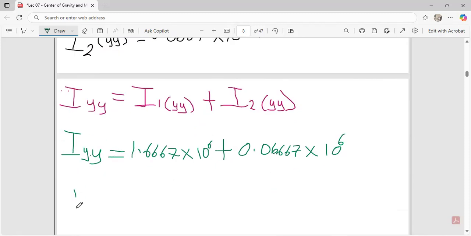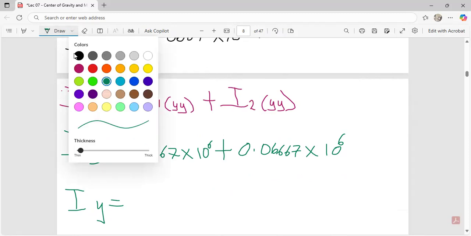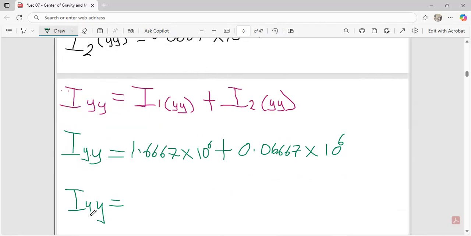After adding this, you realize that we are going to get our final answer to be 1.7334 times 10 exponent 6 mm exponent 4.